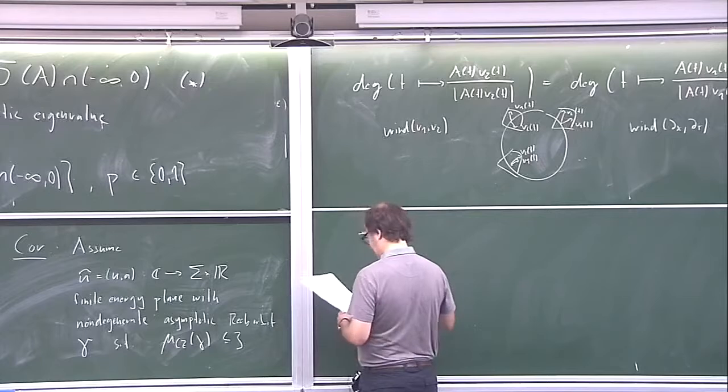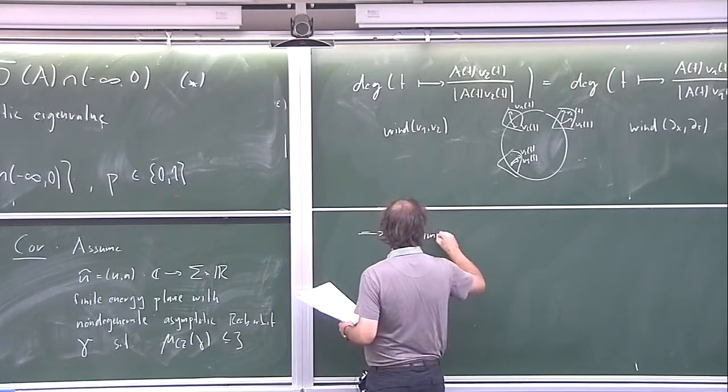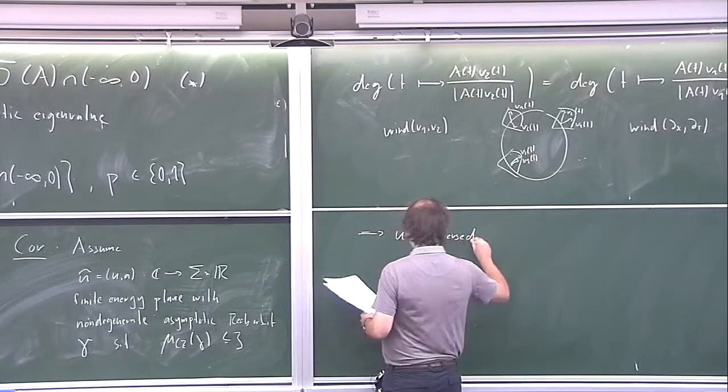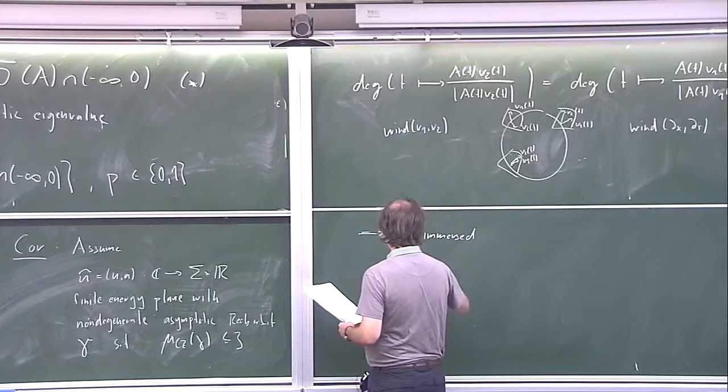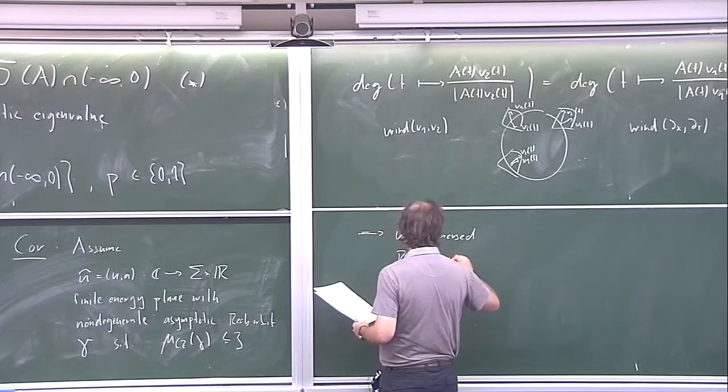Then it follows that U is immersed and R is transverse to the image of U.